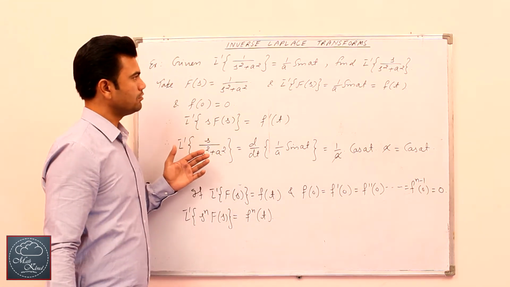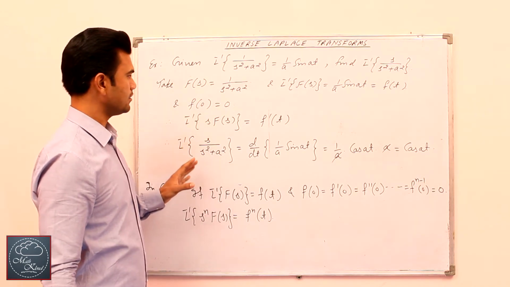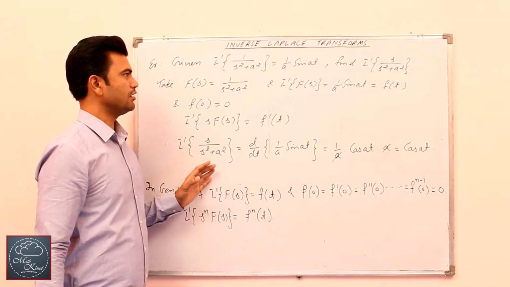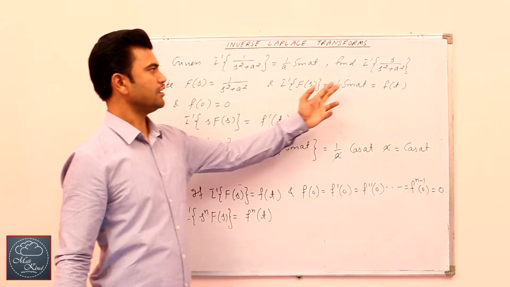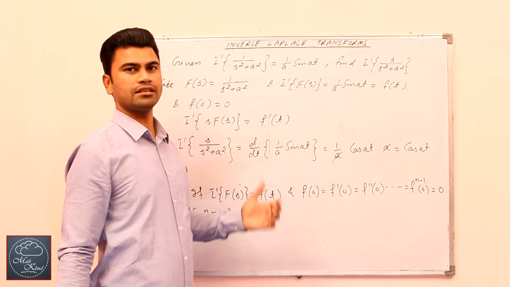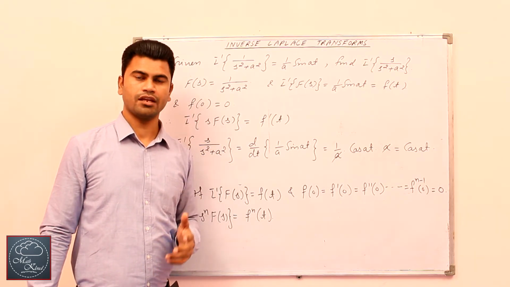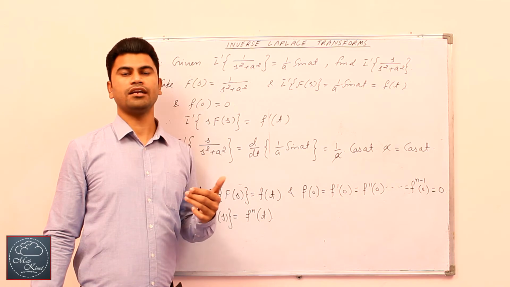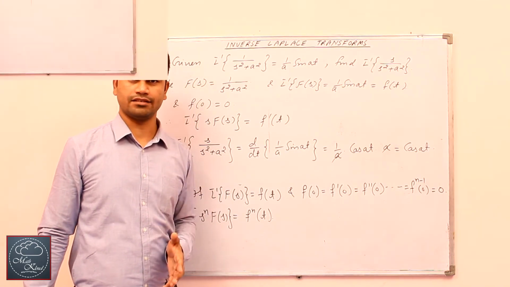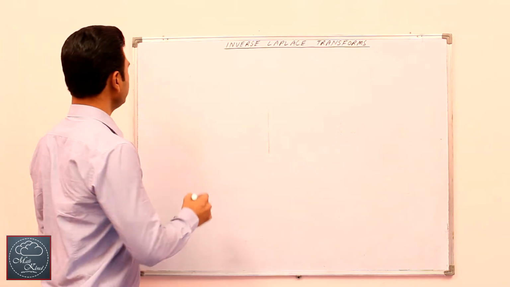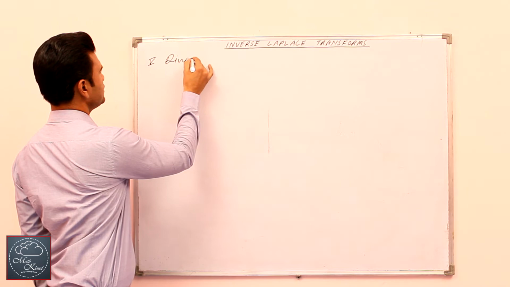So we have used this example to illustrate how to use this result. Whenever you multiply your function f(s) with s, you can use this result provided the conditions are satisfied. Now let us move to our next result, that will be division by s.